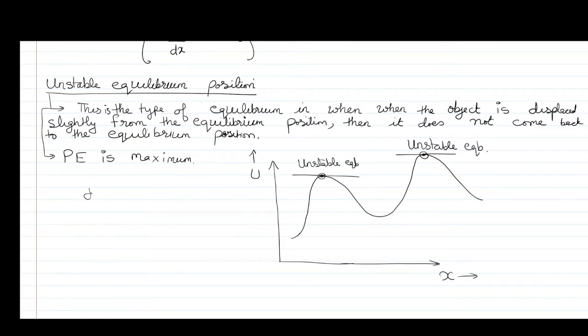So we can write that du upon dx is 0. Before this point, you can see that the slope is positive, and after this point, the slope is negative. So it means that slope is decreasing, so double differentiation is negative. So for unstable equilibrium position, one time differentiation is 0 and double differentiation is negative.